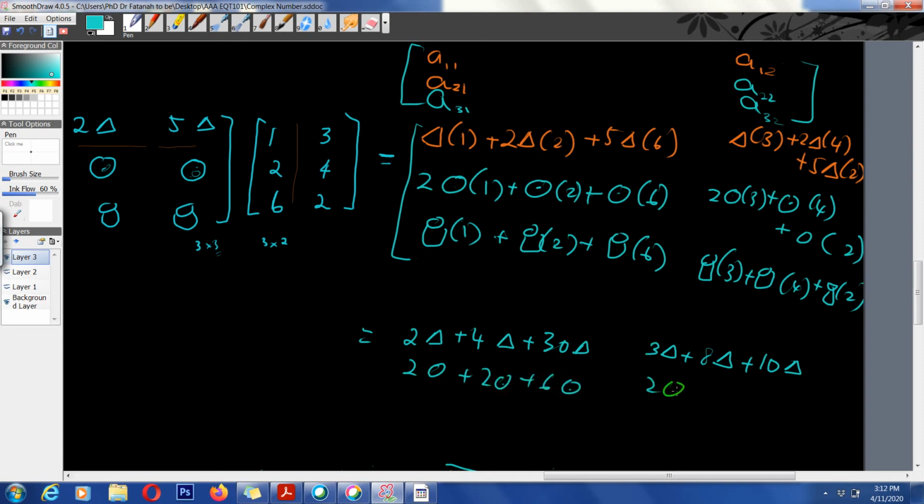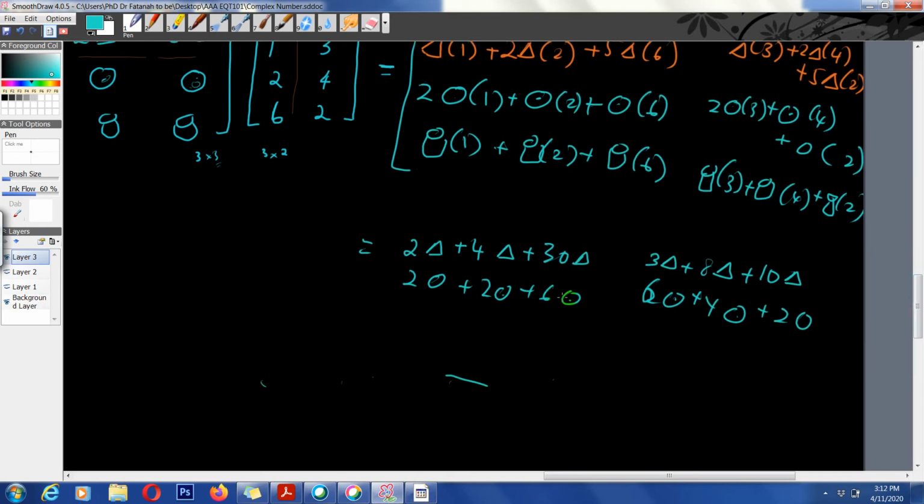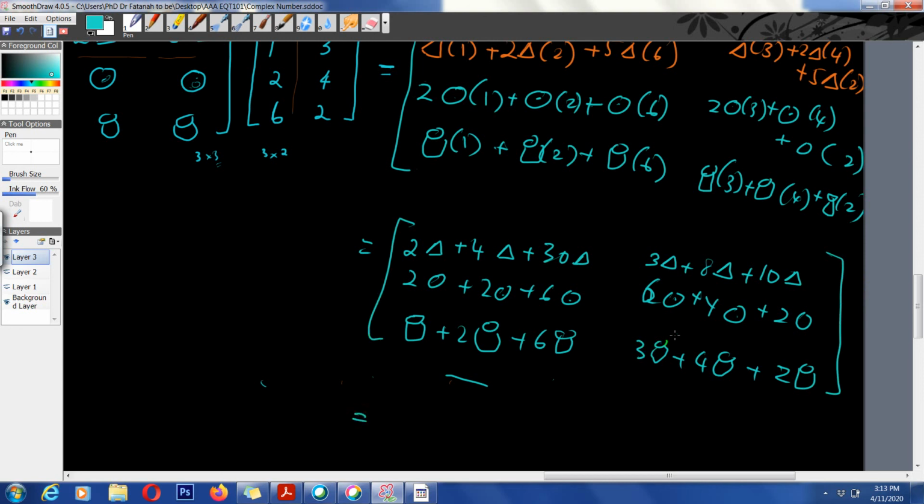Here we have 6 donut plus 4 donut plus 2 donut. And then we have another row: 1t plus 2t plus 6t, 3t plus 4t, and 2t. So we can also simplify.